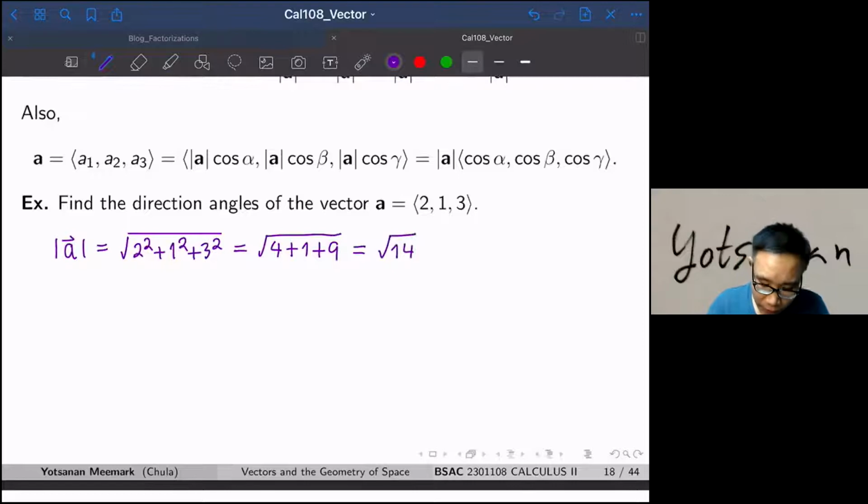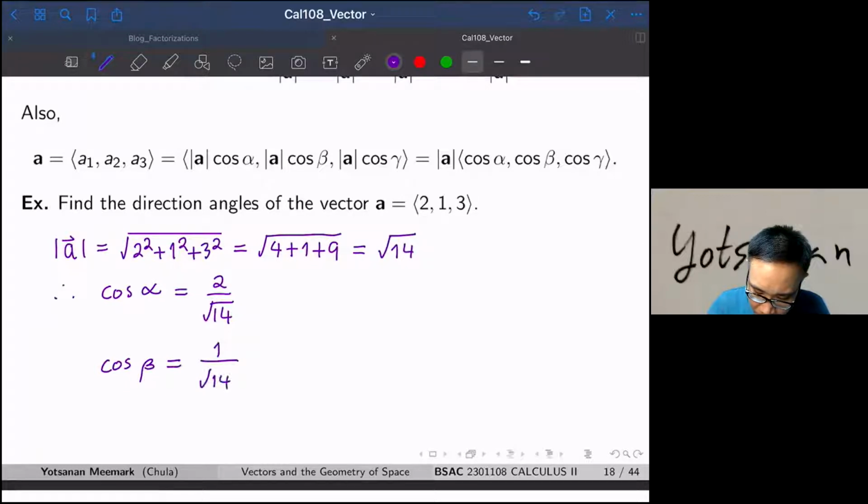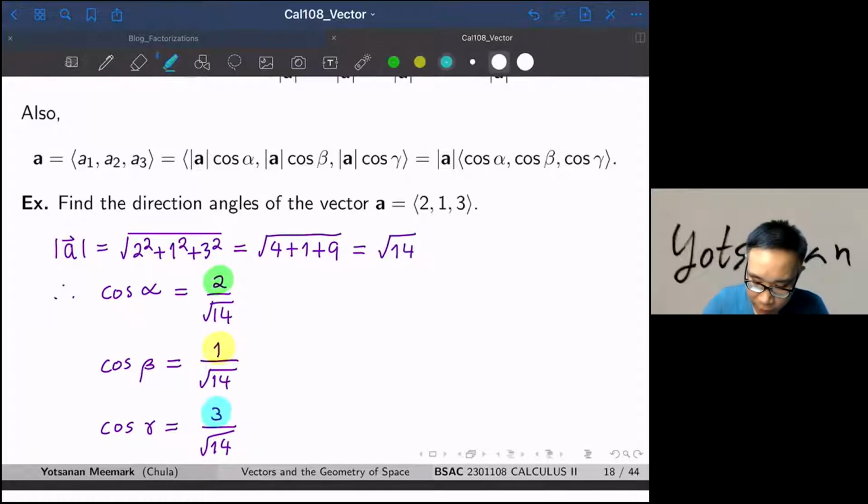Okay, so you get cos alpha equal to the first component over square root 14, cos beta equal to 1 over root 14, and cos gamma equal to 3 over square root 14. So it's going to be 2, 1, and 3 respectively.